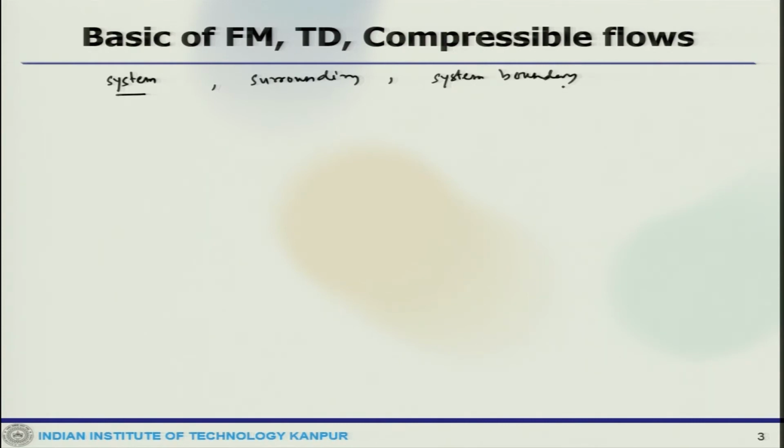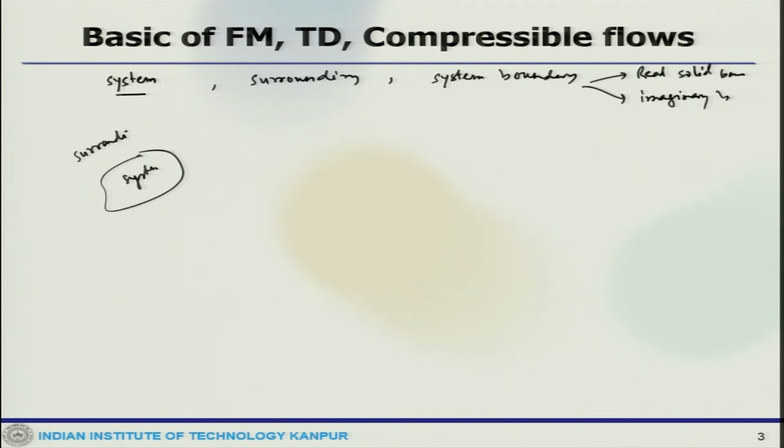There could be a real solid boundary, or there could be an imaginary boundary. Just like if you have a system like this, this is all surroundings and this is your system boundary.